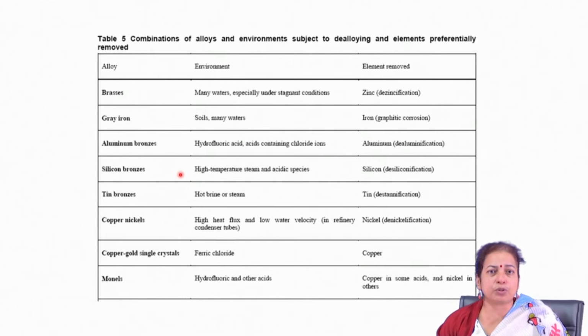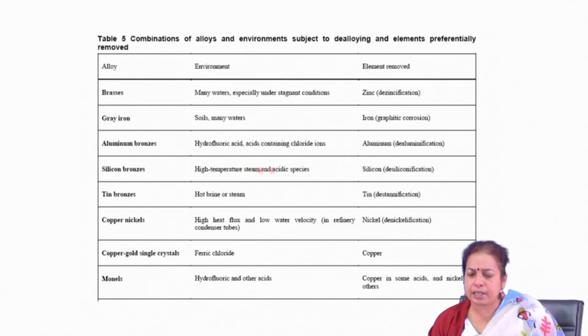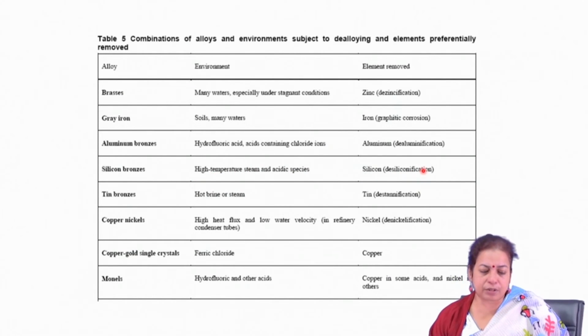Similarly, there are different other names in other alloy systems which have undergone selective bleaching, like desiliconization in silicon bronze, where silicon leaches away. Then tin bronze is called detannification, because tin goes away. Like that, depending on the element which goes away, there are different names.